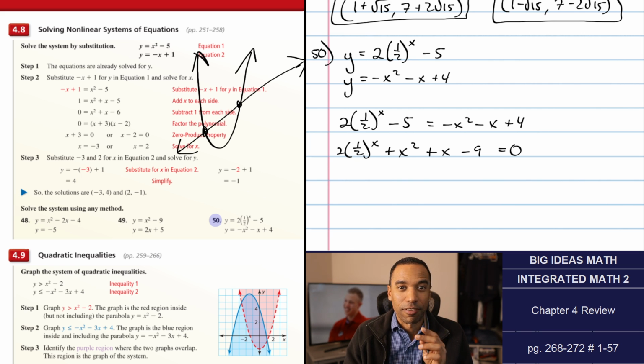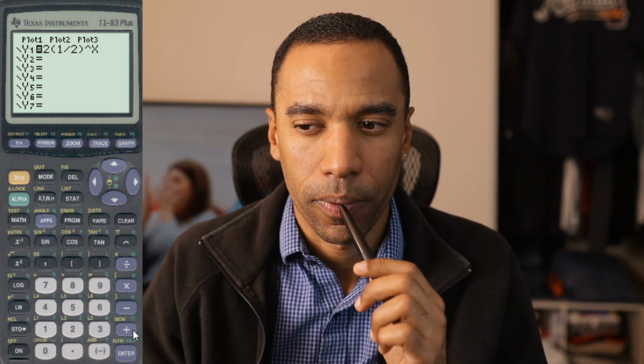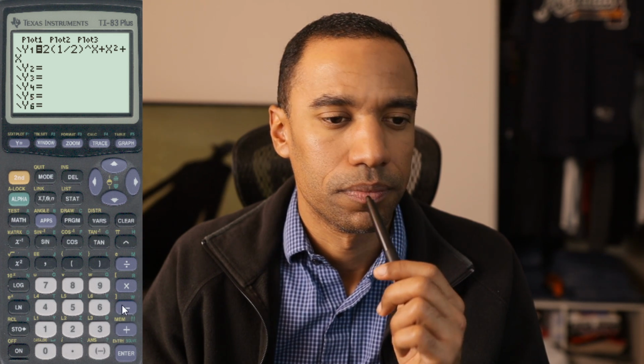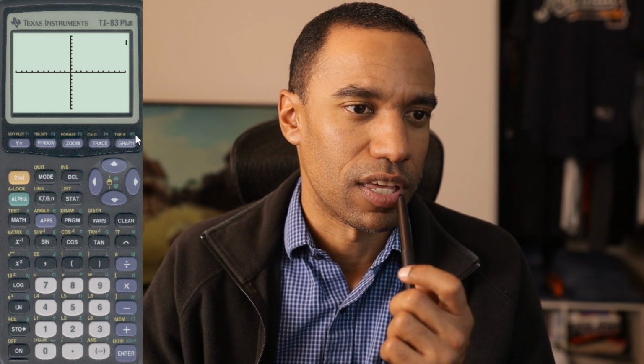Okay, I'm going to pop up the graphing calculator. So we're going to do 2 times 1/2 to the x power plus x squared plus x minus 9. Now the graph of this thing looks like that.